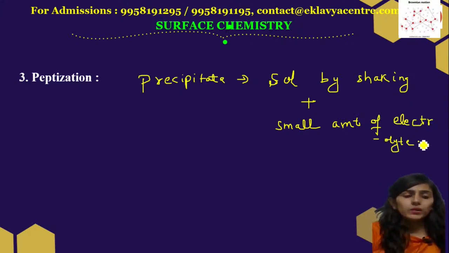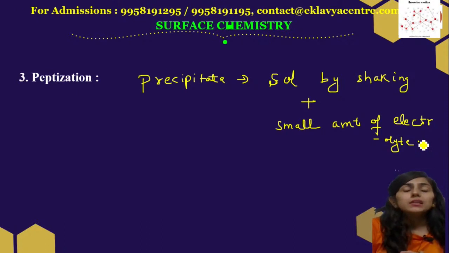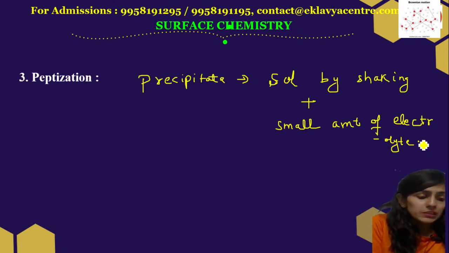Basically what happens, the ions of the electrolyte get adsorbed on the surface of the sol, so that further coagulation or further precipitation does not take place.